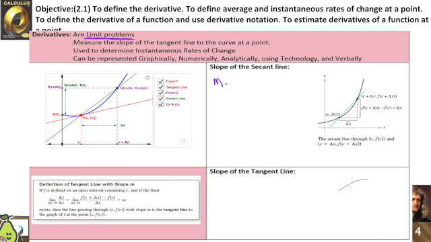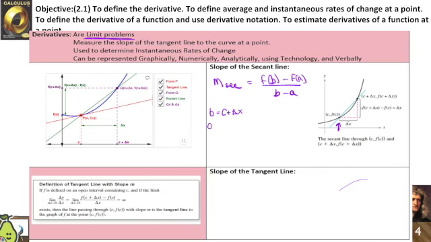When we represent the slope of the secant line, or the average rate of change, we generally write f at b minus f at a over b minus a. If our goal is to determine the slope at one specific point, let's say c, we're going to rewrite our problem such that we have b equals c plus some small amount delta x.